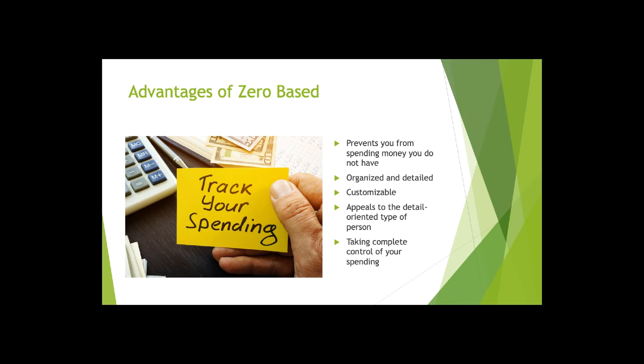This method appeals to the detail-oriented type of person, and I know there are some of you out there. If you are a detail-oriented kind of person, this might appeal to you, because it has the appeal of taking complete control of every dollar of your spending. All of those are advantages of the zero-based method.